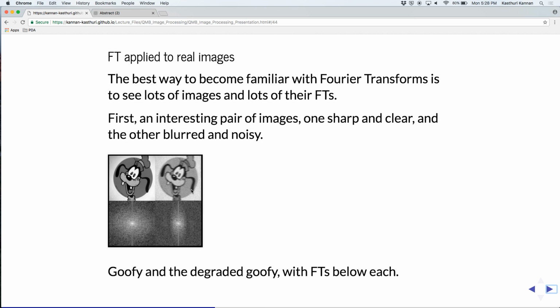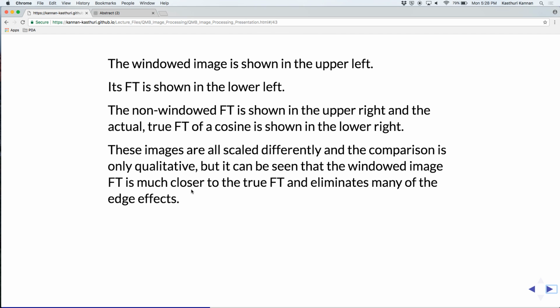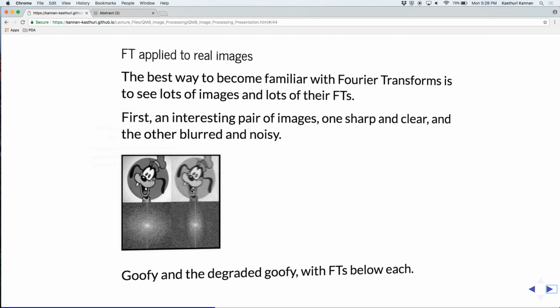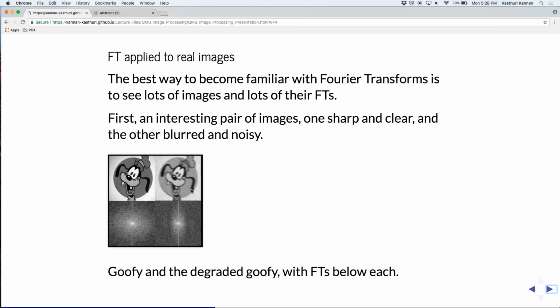So let's go into some of the real images here. Here you see Goofy and a blurred version of Goofy, and we see the Fourier transform of these two images. First of all, we notice that there is a big sharp line here, and we see that the noise in the horizontal direction is lessened.